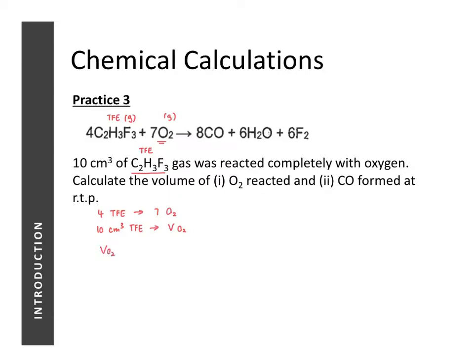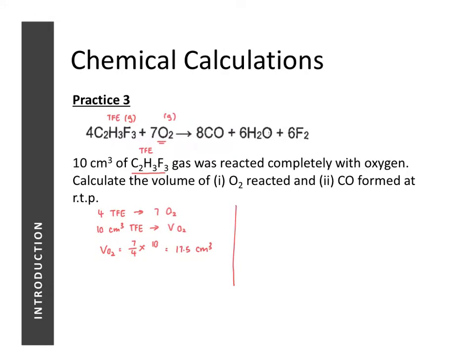We simply use the mole ratio, which is 7/4 times 10. That will give us a value of 17.5 centimeter cube. Okay, so you can see over here, since whatever that's given and whatever that we want to find are both gases, there's no need to go through the 3C approach. We can simply use the mole ratio directly to find volume.